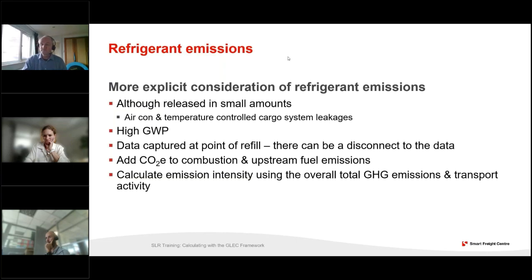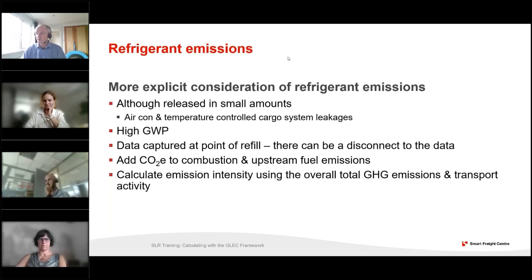Although they may be released in small amounts through system leakages around air conditioning and temperature control systems, wherever possible that information is captured, because those gases have an enormously high global warming potential, and it's very important that that is captured so that we can identify where weak points in the system are, and they can be addressed.